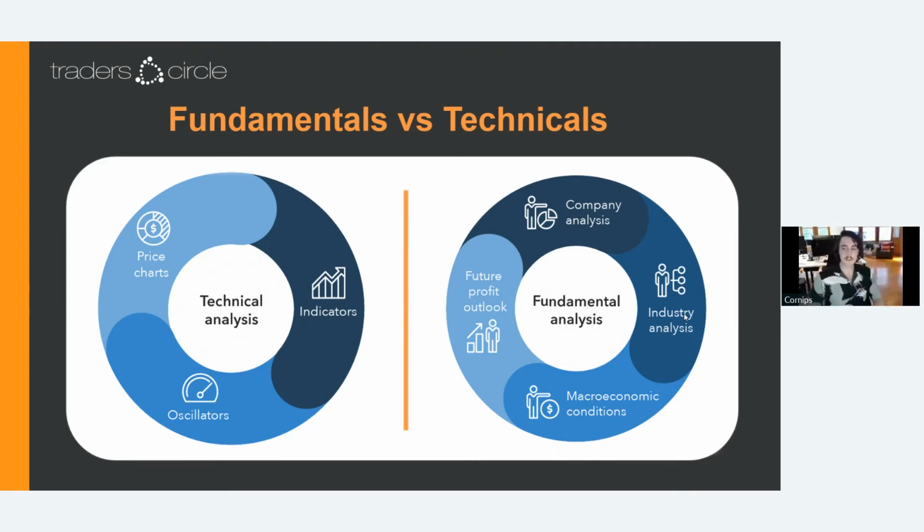Fundamental analysis, on the other hand, is, I would say, almost everything else, right? So you're looking at how profitable the company is, how much revenue it brings in, the market it operates in, how much market share it has, is it growing, does it offer a good dividend? You look at the reports it releases once or twice a year, and you look at its forward guidance to see how much money they think they're going to make in the future.